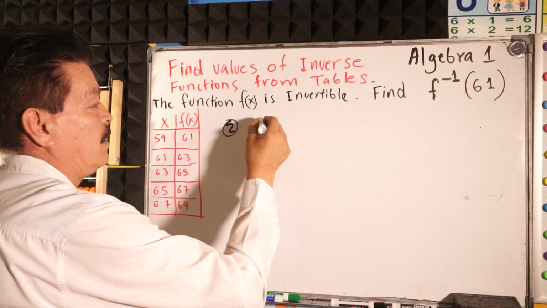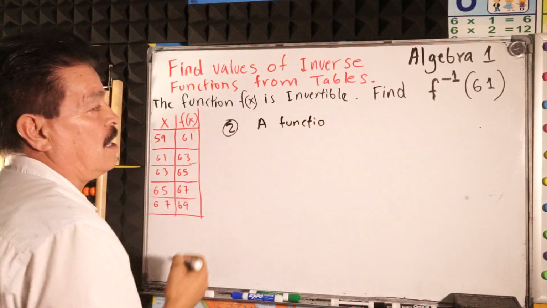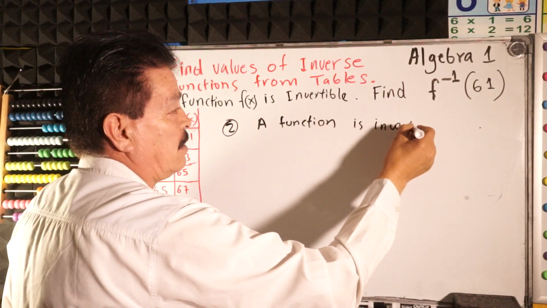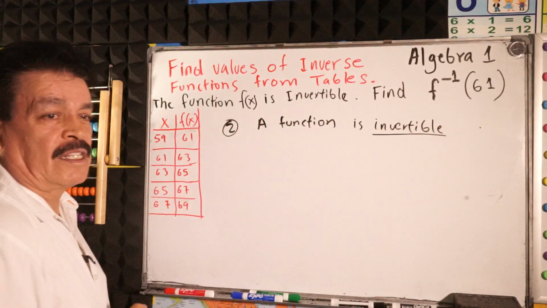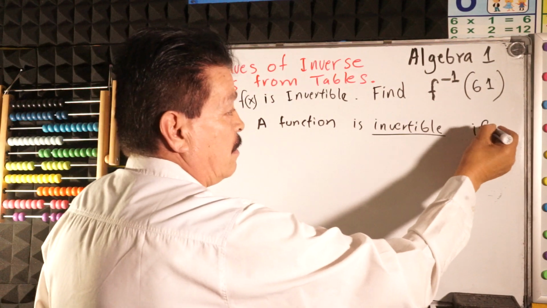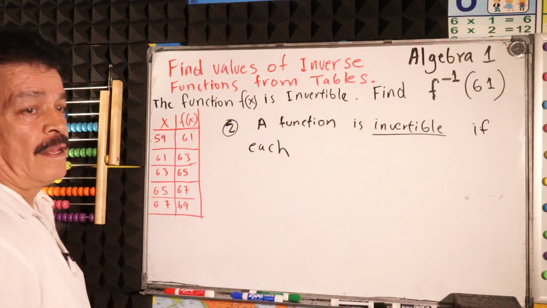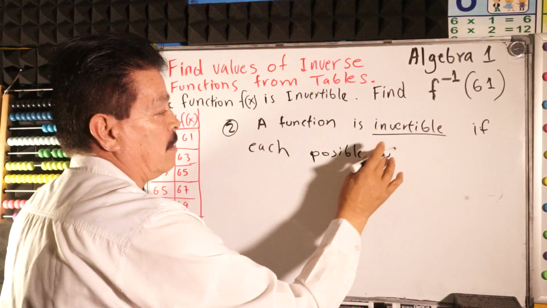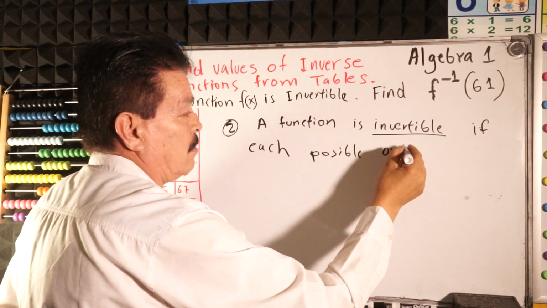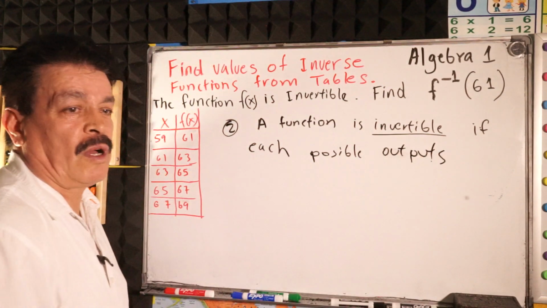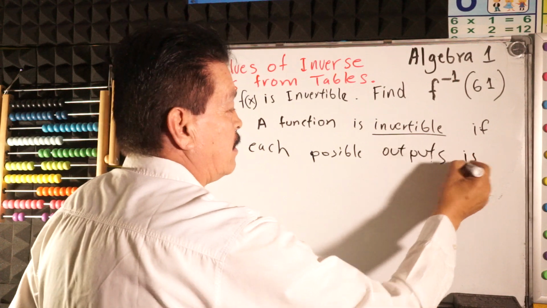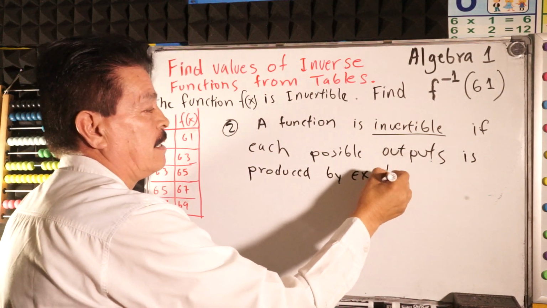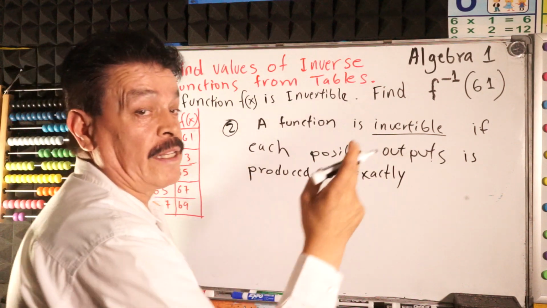A function is invertible if each possible output is produced by exactly one input.